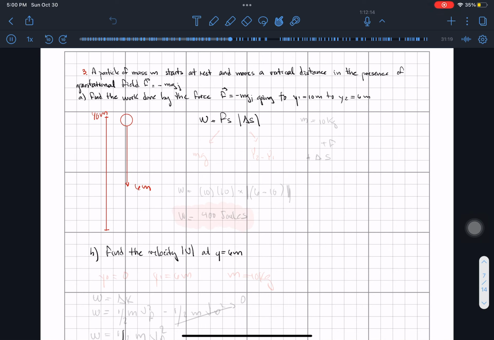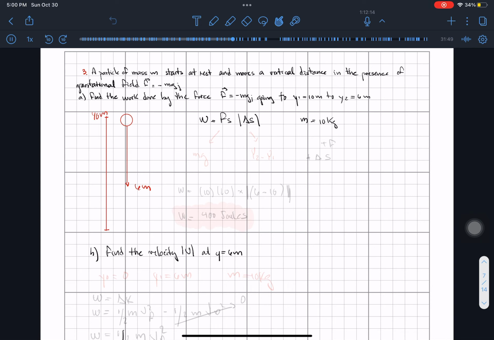Displacement. They're not giving us a specific mass, so we could assume that the mass of the object is, let's say, 10 kilograms. And since we know the object is falling, the force goes in the same direction as the distance traveled.